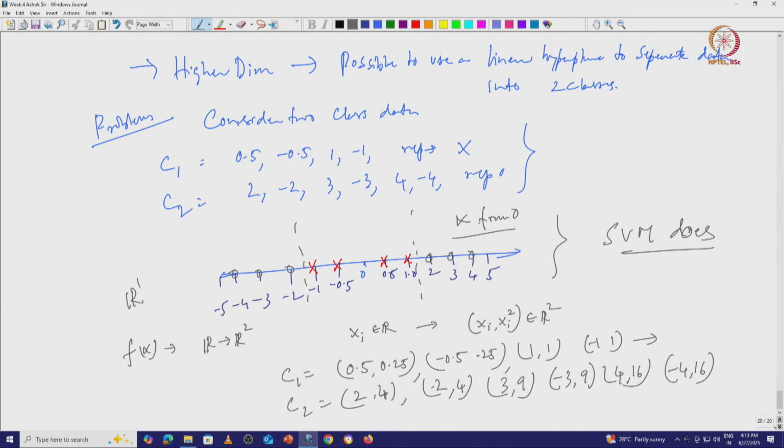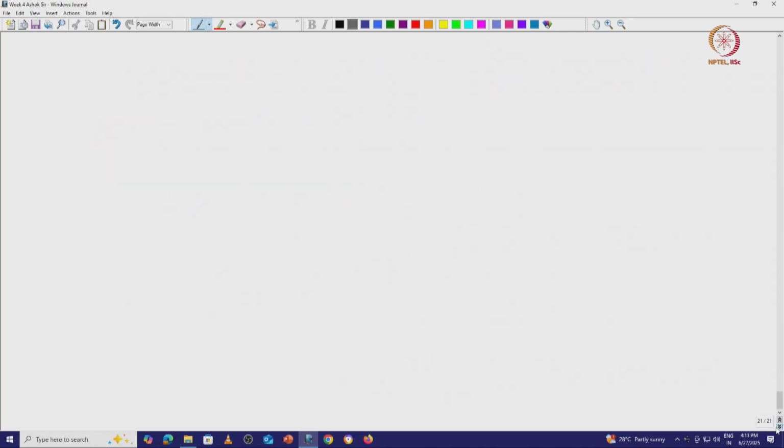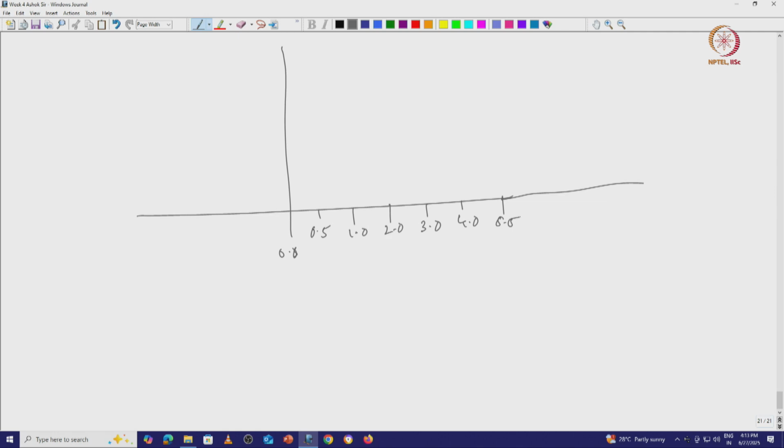Now again do a representation. Now this is in R2, with axes 0, 0.5, 1.0, 2.0, 3.0, 4.0, 5.0, and minus 0.5, minus 1.0, minus 2, minus 3, minus 4, minus 5, minus 6, and vertically 1 to 16. So I now represent the points.